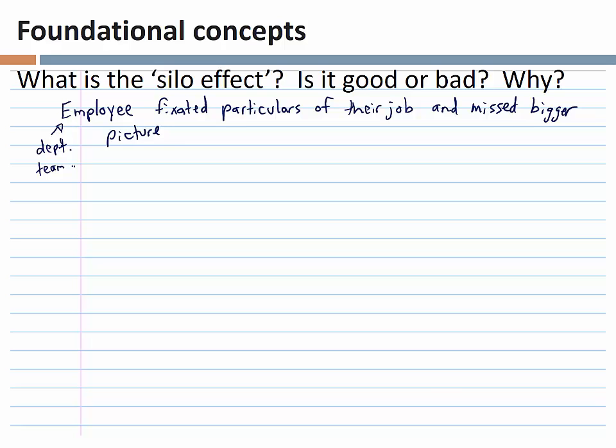The silo effect is caused by someone who just kind of puts themselves in a silo, in a box, and is isolated from the rest of the organization. Now there's another way that the silo effect plays out, and the silo effect also plays out in terms of information management.